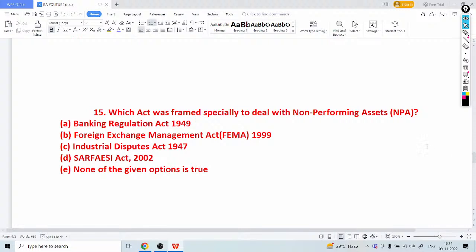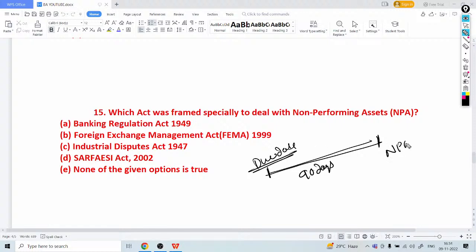Which act was framed especially to deal with non-performing assets? Non-performing asset means if a bank provides a loan and the loan is not recovered within 90 days of its due date, then it will be called a non-performing asset.